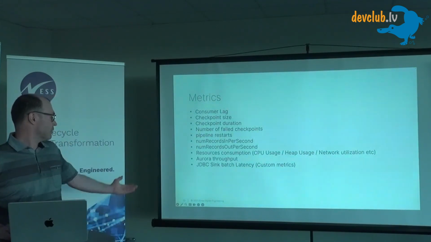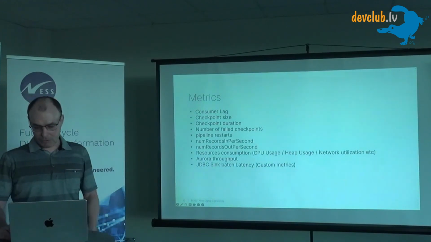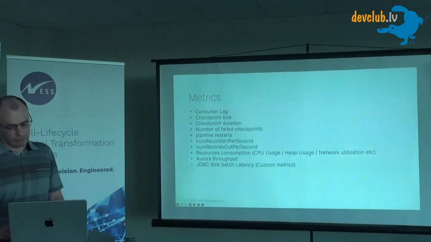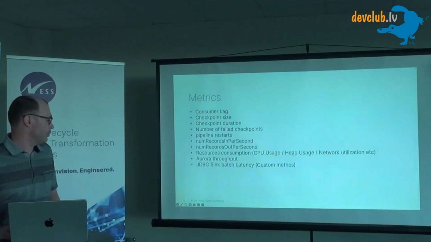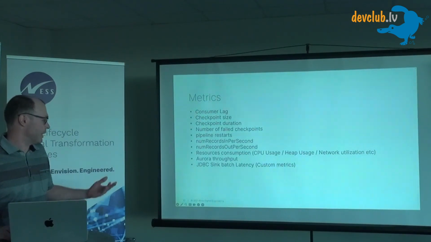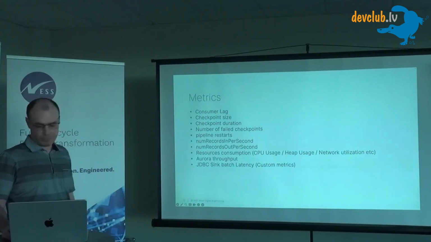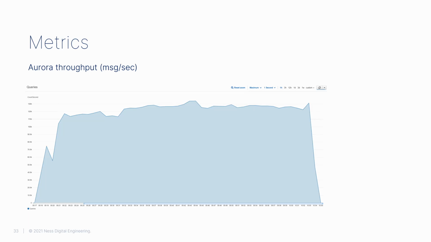And for us, it was important to see Aurora's throughput, because we are promising to improve our performance. Also, since we are talking about batches, we were very curious about latency, how long it takes to insert those batches into AWS Aurora. Okay, this is what we achieved.